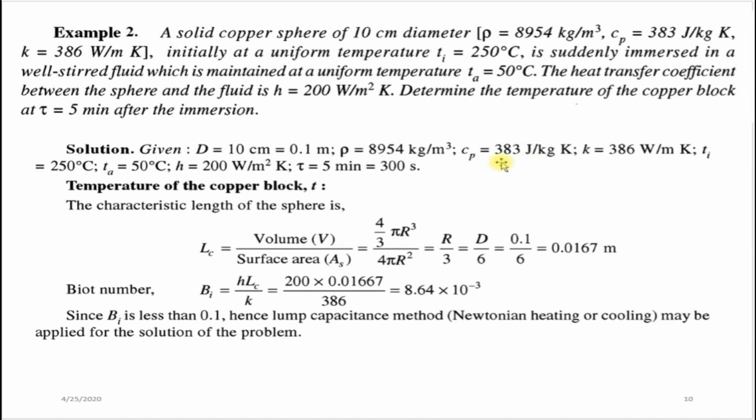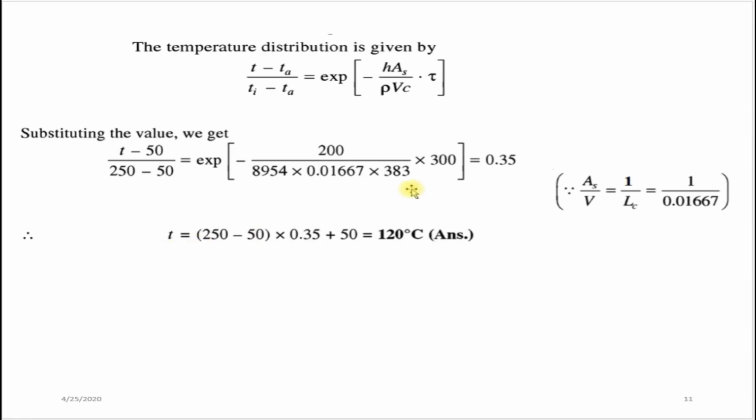Here it is in SI unit, not in kilojoule. In the last problem it was kilojoule per kg, and there we converted into joule per kg, but in this problem Cp is given directly in joule per kg. So no need to convert, direct substitution.